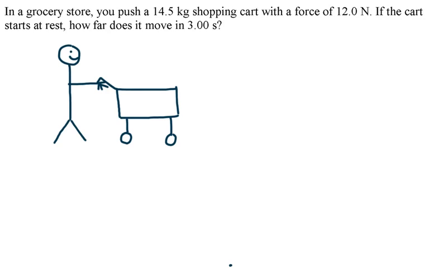So sketch all the forces that are acting on this object, and we're going to assume that friction can be ignored. So we're not going to introduce friction for a few sections from now. So here we have this shopping cart, and you're applying a force which we'll assume is perfectly horizontal of 12.0 newtons.